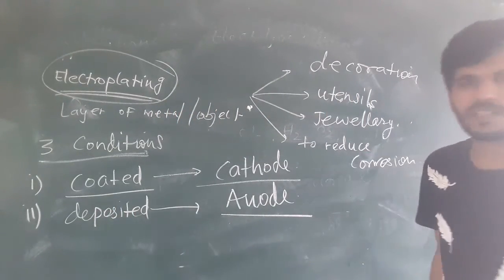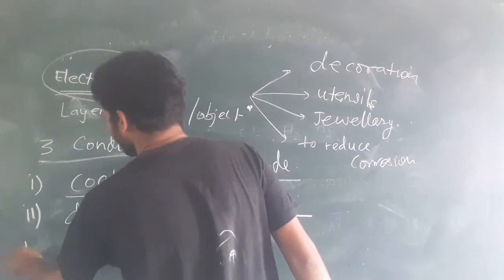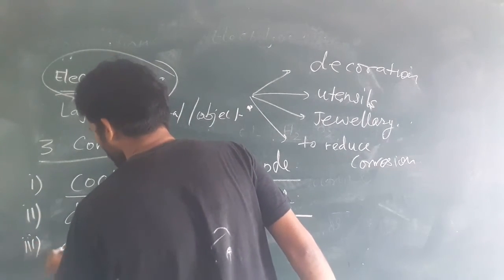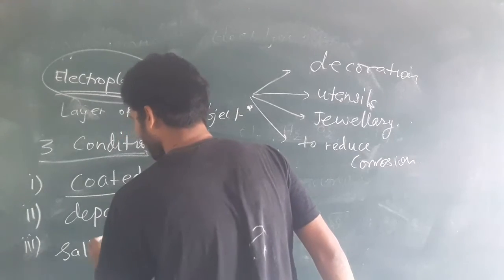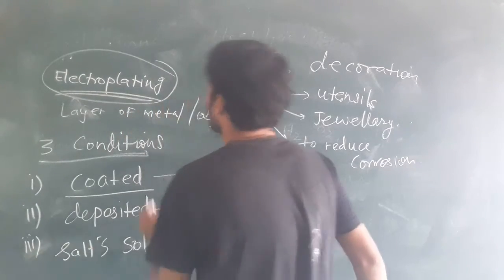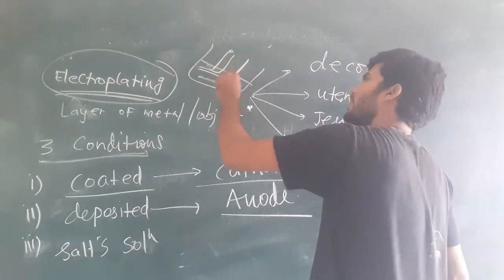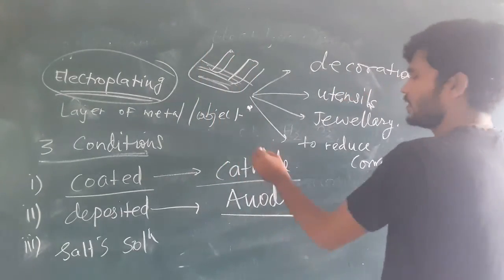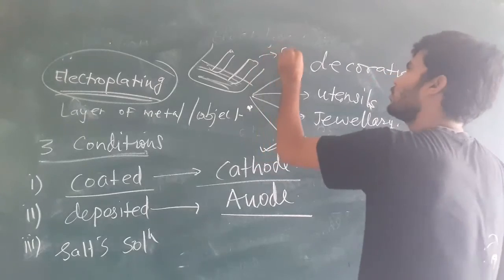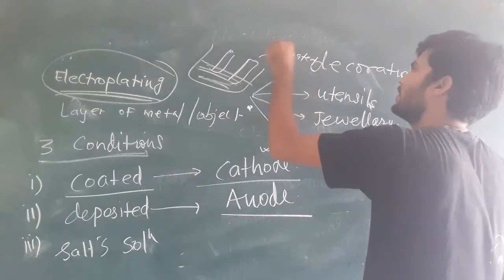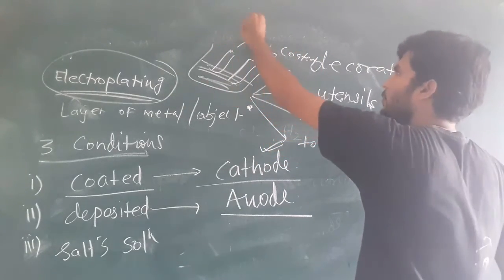So these two conditions, and the last condition is the salt solution. We are taking a salt solution in electrolysis. So here this cathode is to be coated and this anode is to be deposited.